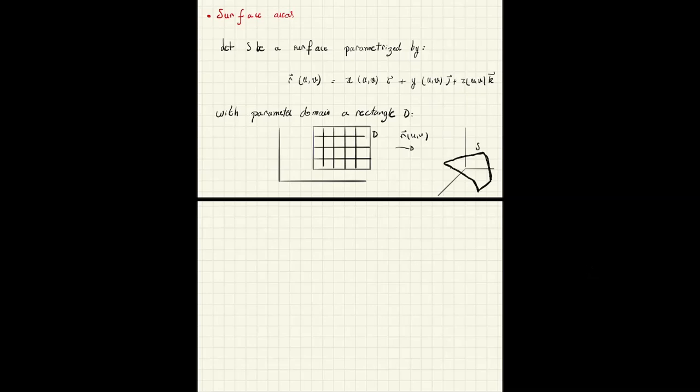We divide this into small rectangles, call them R_ij, and correspondingly you have a little piece of surface here. Not a rectangle, but the corresponding little chunk of surface will be called S_ij, and call this point P_ij.